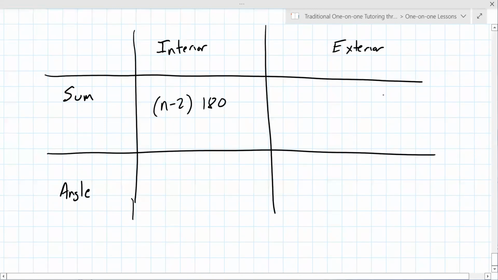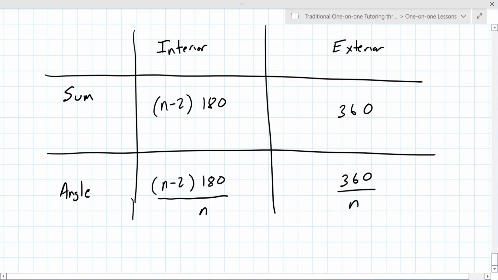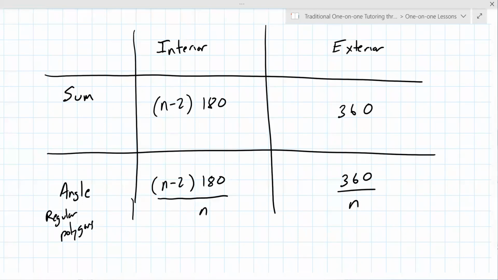The sum of the exterior angles is always 360. An interior angle is n minus 2 times 180 divided by n. And the exterior angle is 360 divided by n. Keep in mind, though, the angle formulas are only for regular polygons, that's if they're all equal. The sum applies to any polygon.